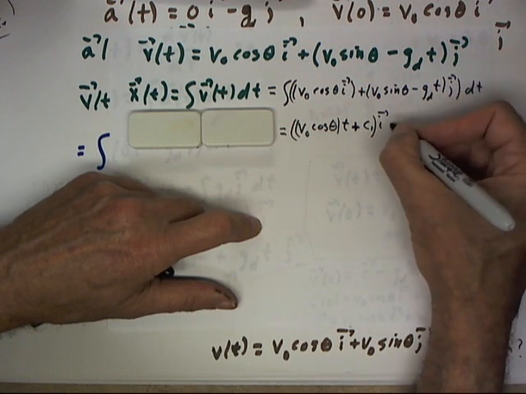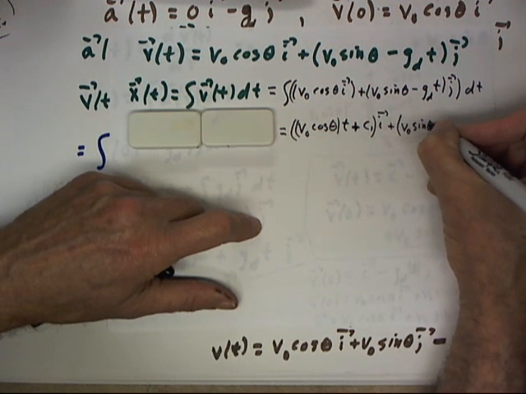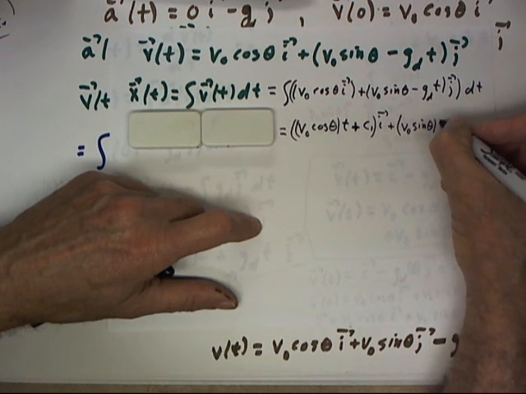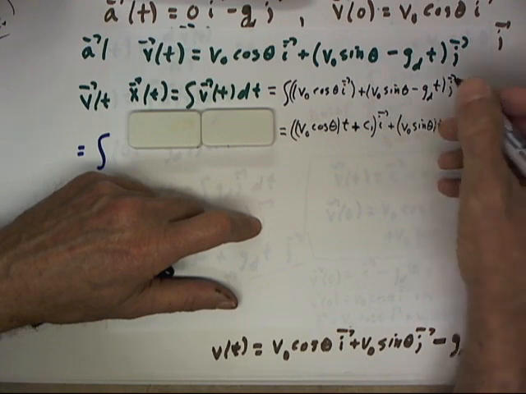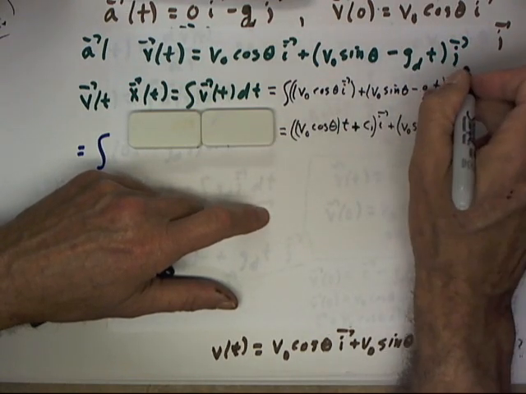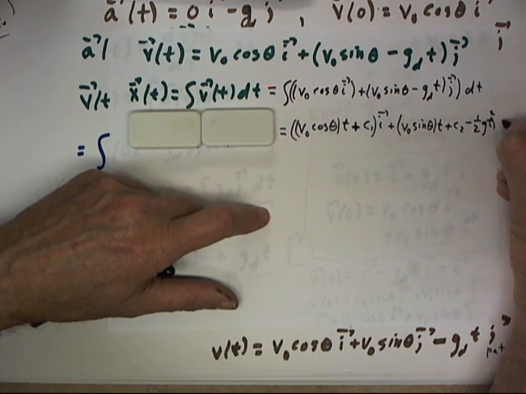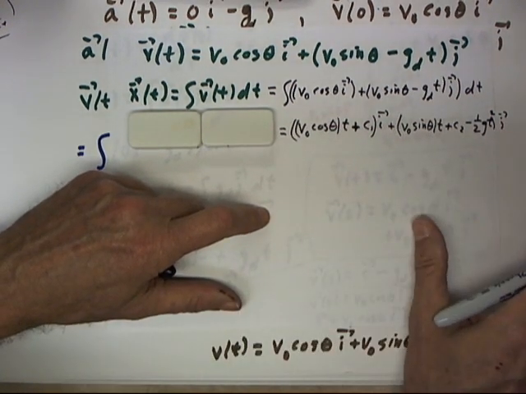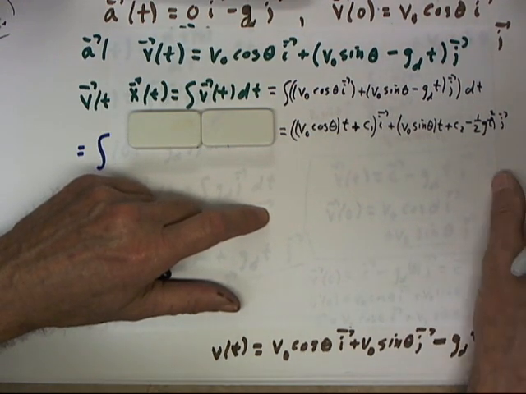And our antiderivative over here is going to be just v naught sine theta times t plus c2, minus 1/2 g t squared, times j. Now, do we have all that on the screen? I think so.